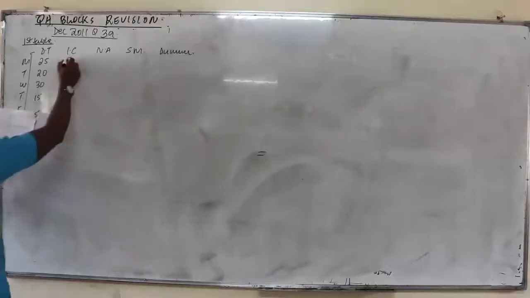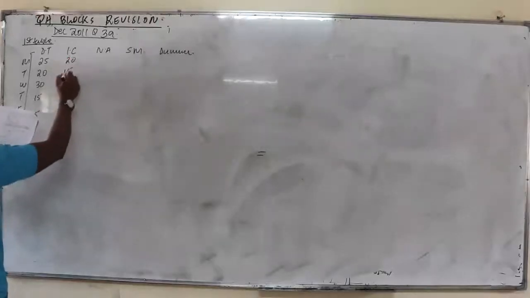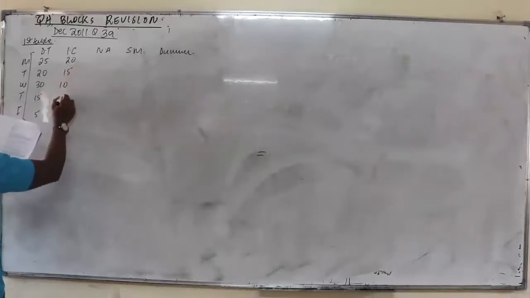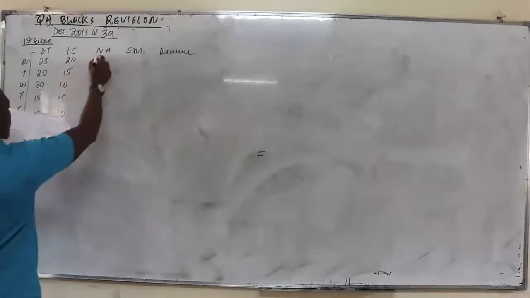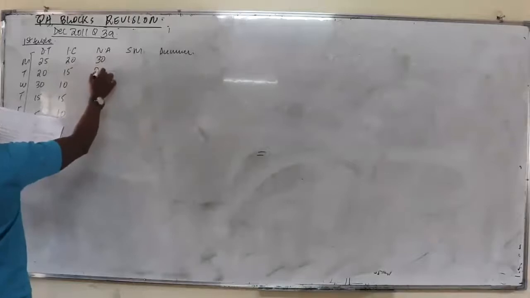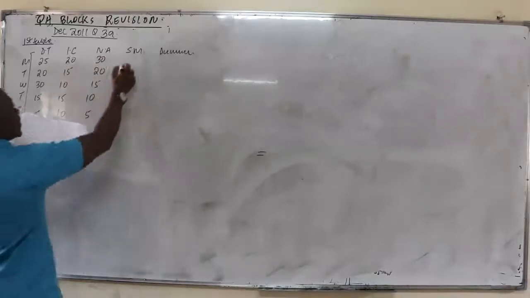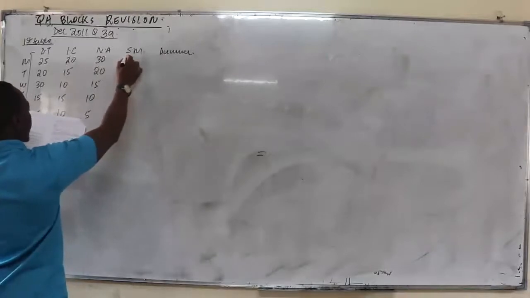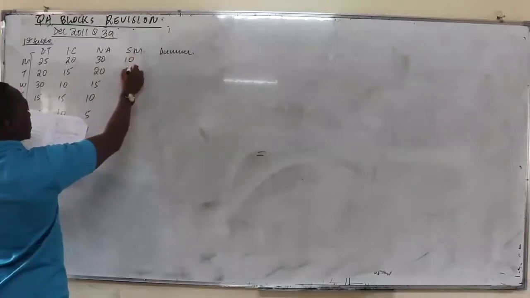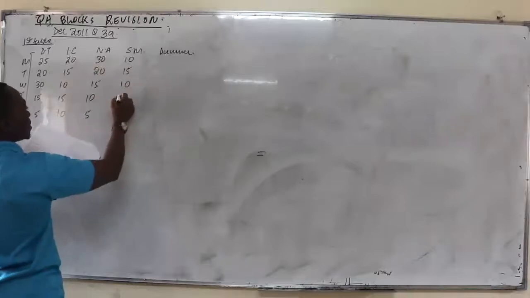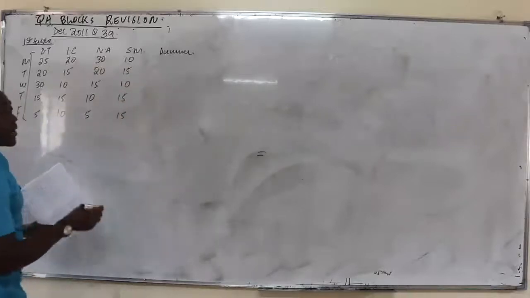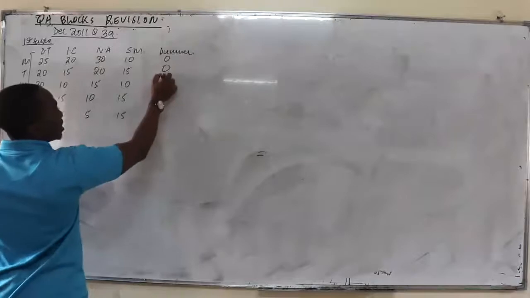So here we have 25, 20, 30, 15 and 5; 20, 15, 10, 15, 10; 30, 20, 15, 10, 5; 10, 15, 10, 15, 15. And then we see that for the dummy, it's always 0.